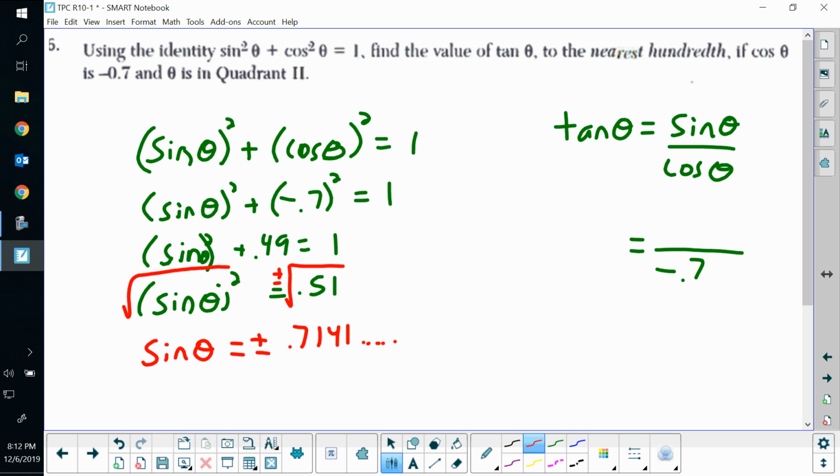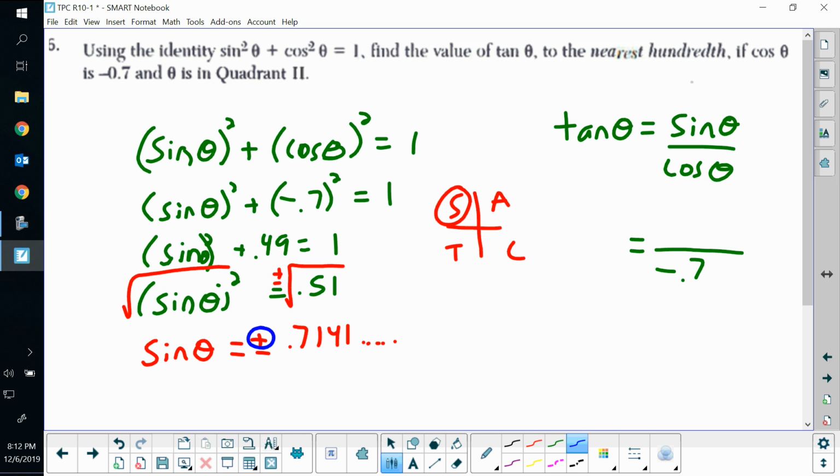Now this is where the fact that they told us we were in quadrant 2 comes into play. From our ASTC, quadrant 2 means we're in the S quadrant. So therefore sine should be positive there, meaning of these two we want to work with the positive value.